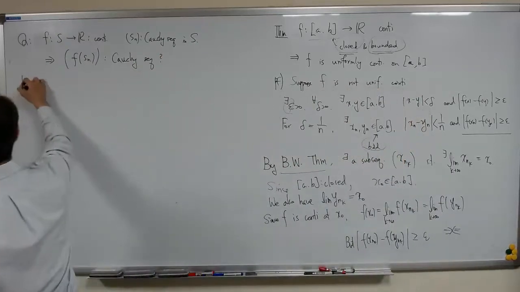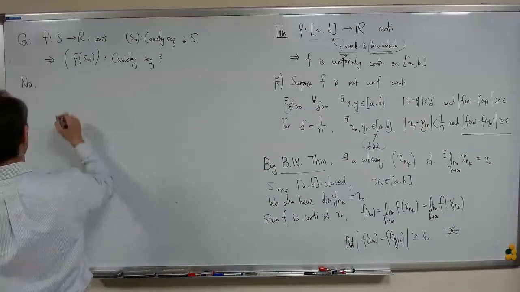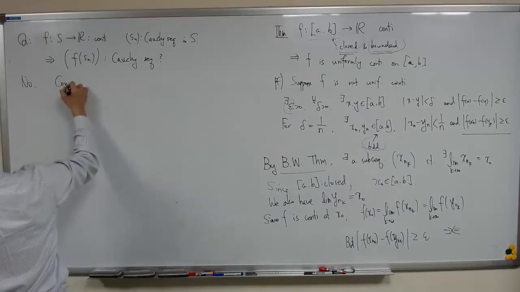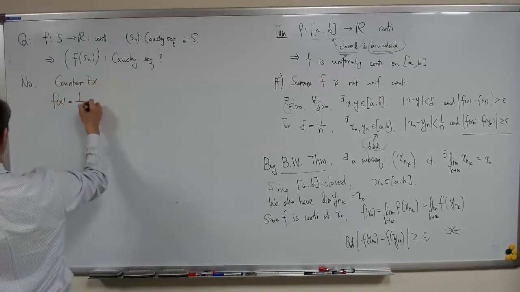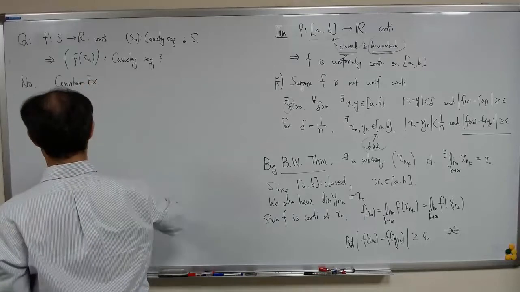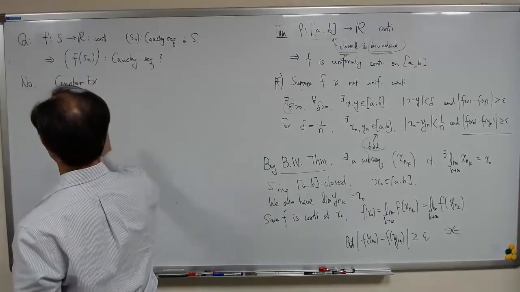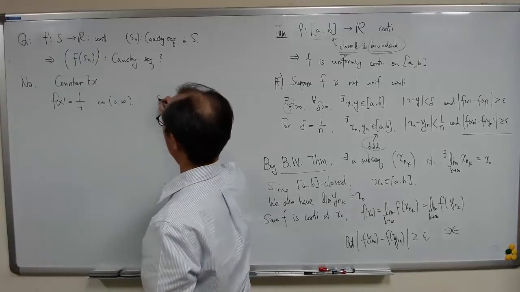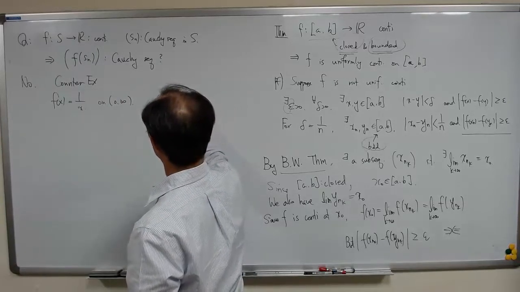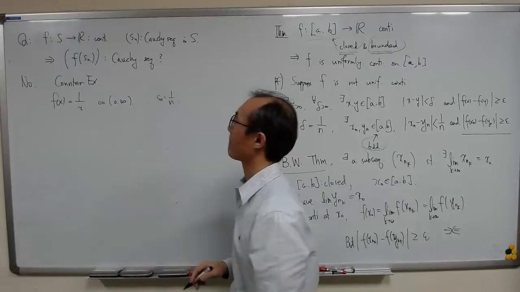No. And you can easily construct a counterexample. Suppose f of x is given by 1 over x, on positive numbers, and Sn is simply 1 over n.